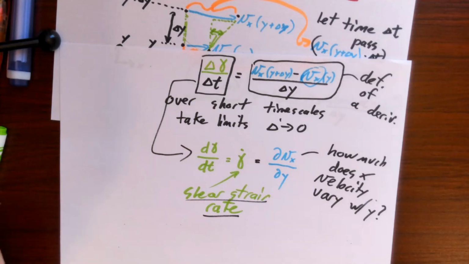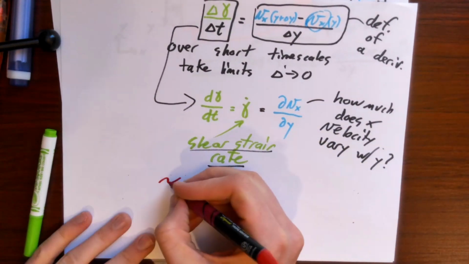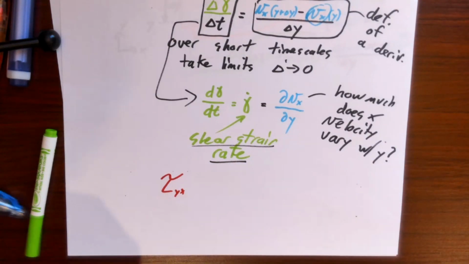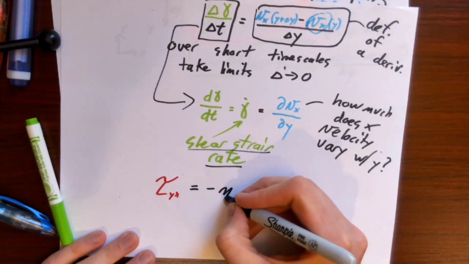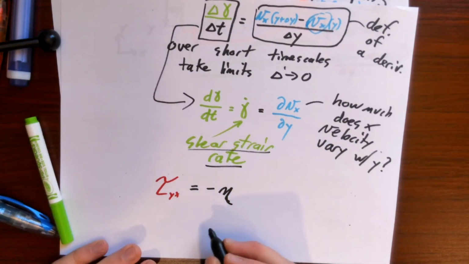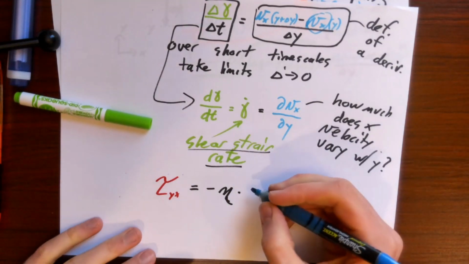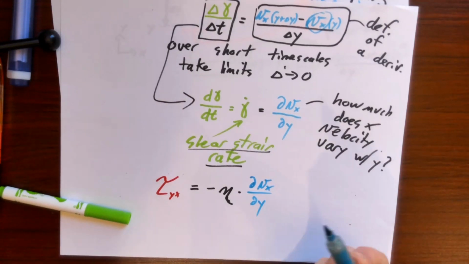We can plug it in and say tau_yx is equal to minus eta, we still have that proportionality constant of the viscosity, times dv_x/dy. And there we have it.